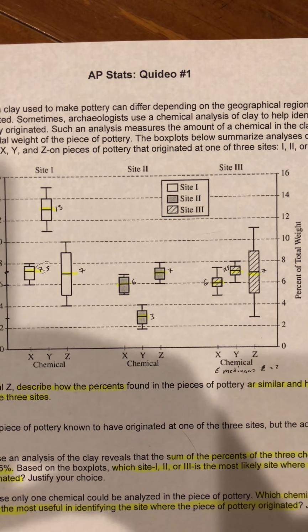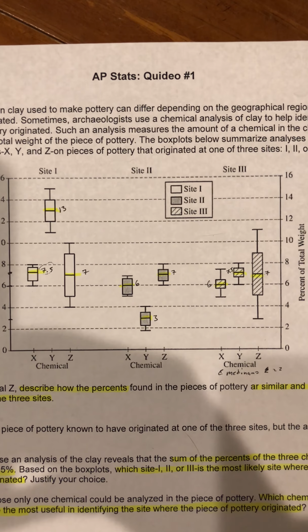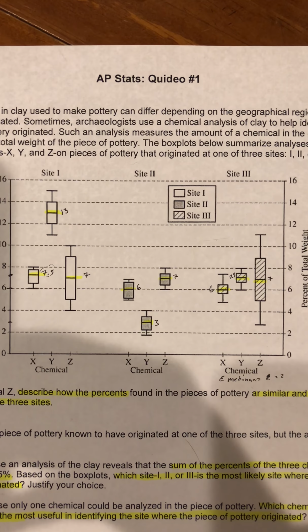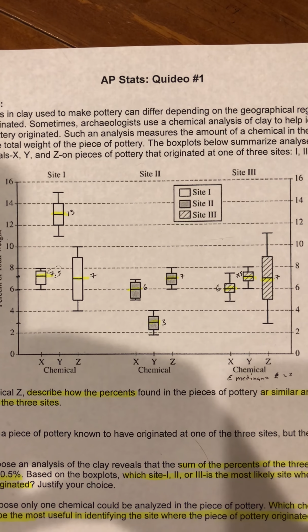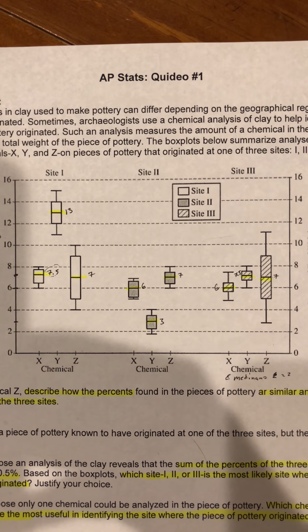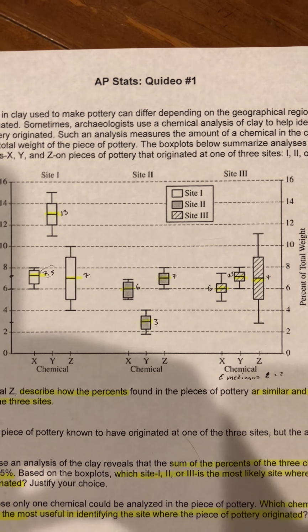But just in case, we're going to check chemical Z for site 1, 2, and 3 just to make sure. So right off the bat, we can see that both site 1 and site 3 have a median of 7.